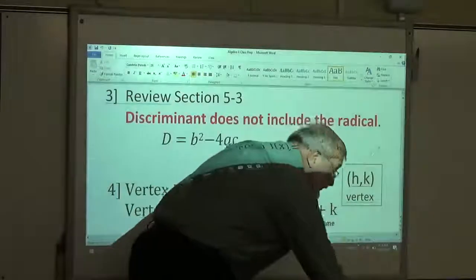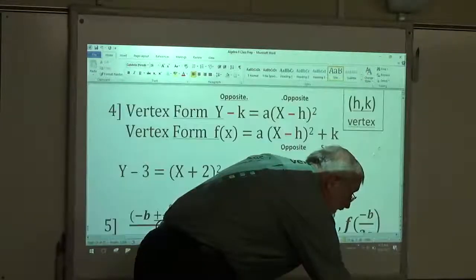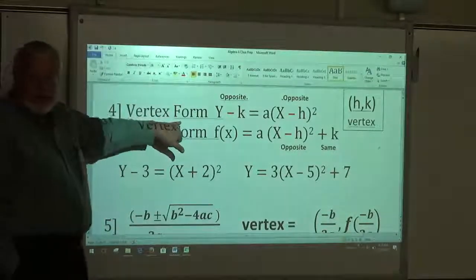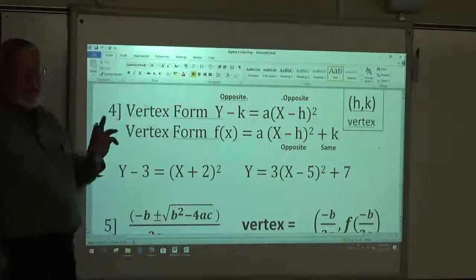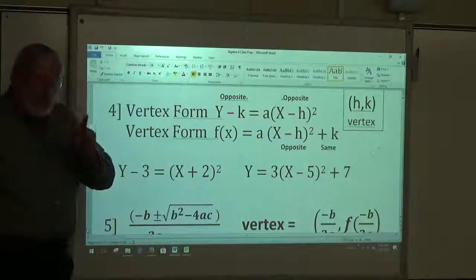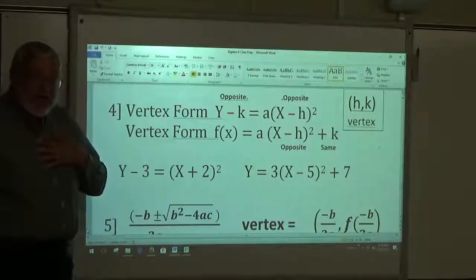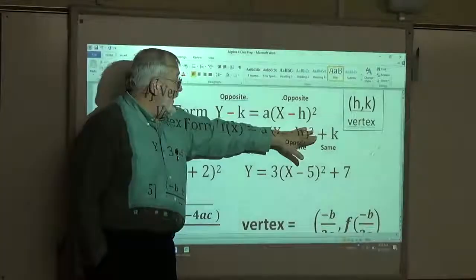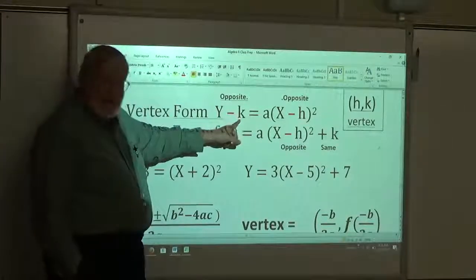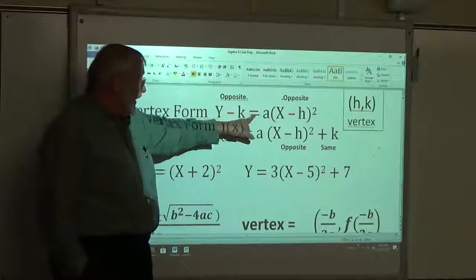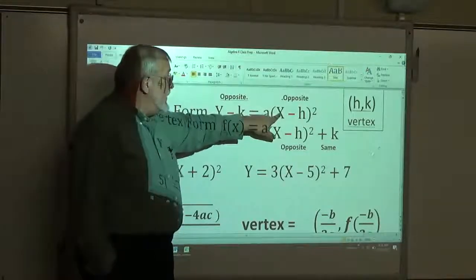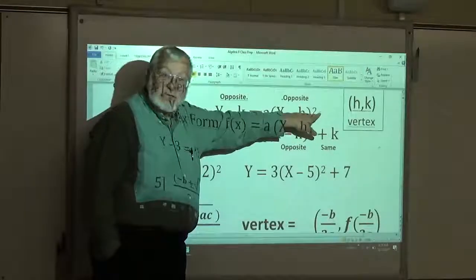Okay? Now, in quadratics, this is the important part, the vertex form. Right? The vertex form is presented in two ways, as far as I'm concerned. The first way, this is the technical way. It says y minus k, and I'll explain that in a second, equals some value a, most of the time this is 1, times x minus h squared.